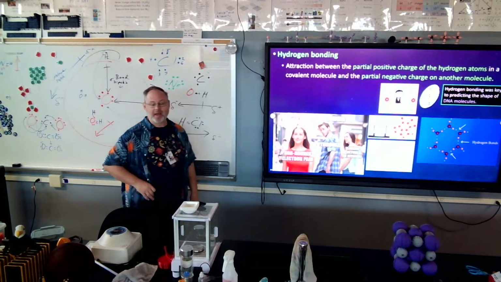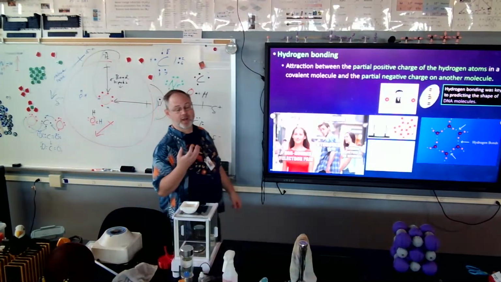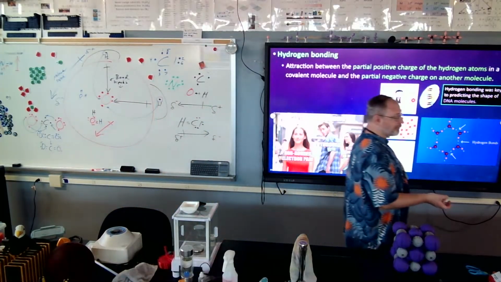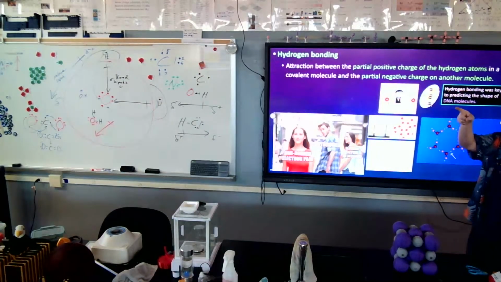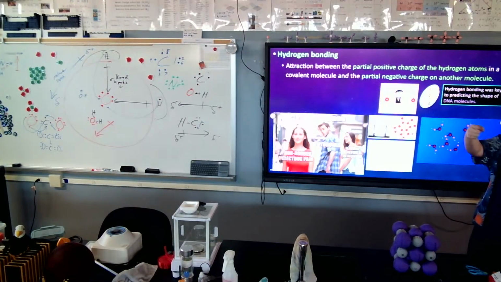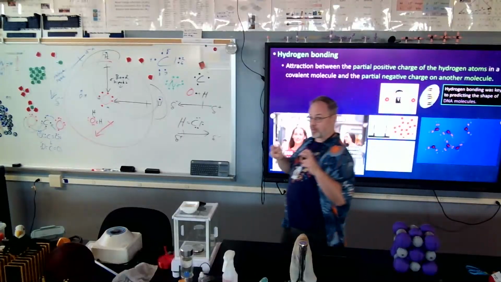You can think of it as an upgraded type of dipole-dipole that occurs when hydrogen is bound to the three most electronegative atoms: fluorine, oxygen, nitrogen. FON. When hydrogen is having FON, your polar molecule gets upgraded into hydrogen bonding.